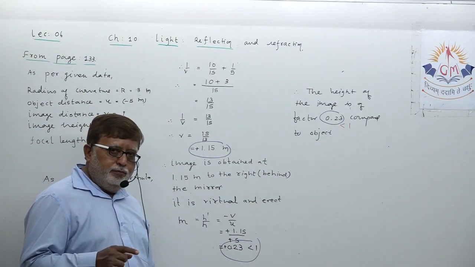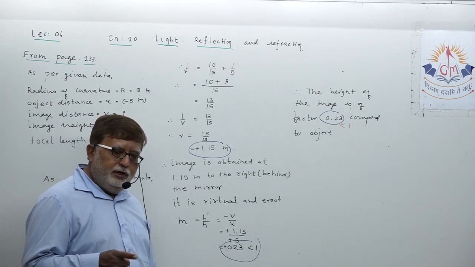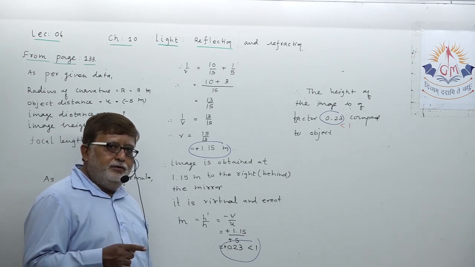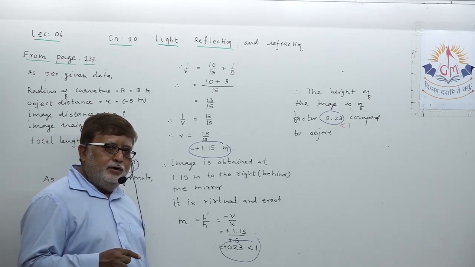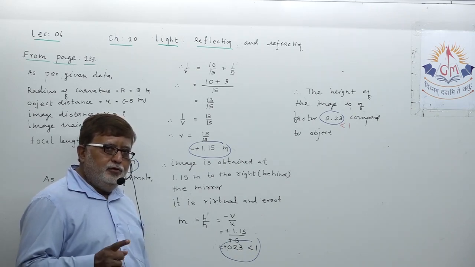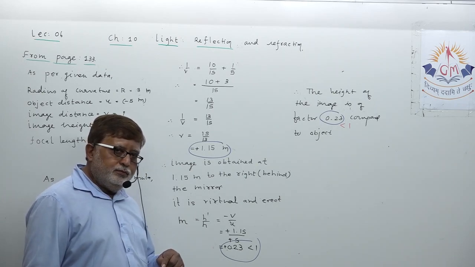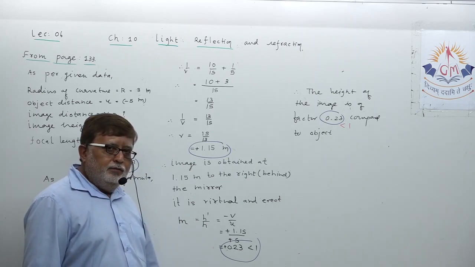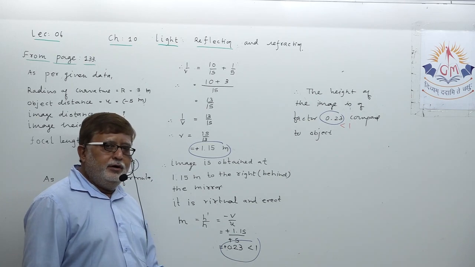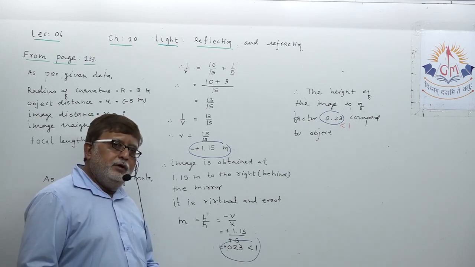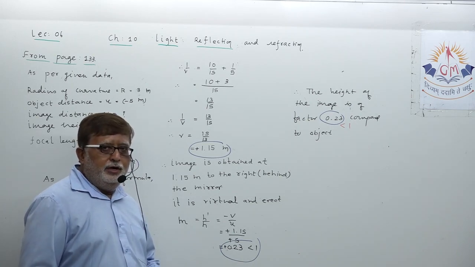Real inverted smaller, real inverted same size, real inverted larger, real inverted highly magnified, virtual erect highly magnified. So in case of concave mirror, value of m can be negative, can be positive, can be less than 1, can be greater than 1.